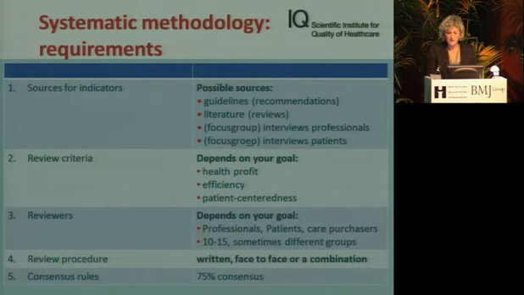You can choose professionals, patients, and most of the time 10 to 15 people is enough. Then you need a review procedure. This can be written or face-to-face or a combination of both. And last but not least, you have to agree about consensus rules.